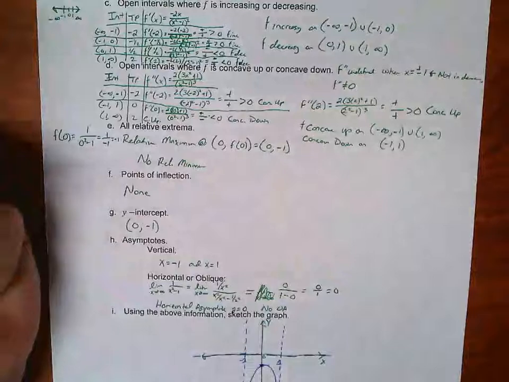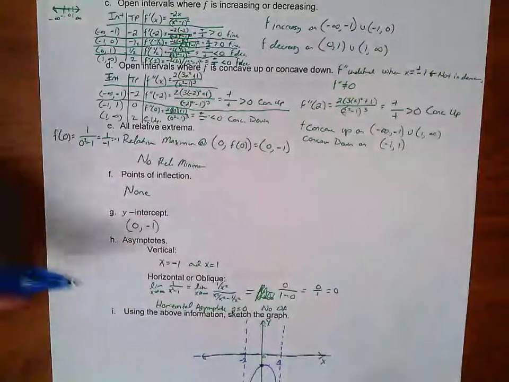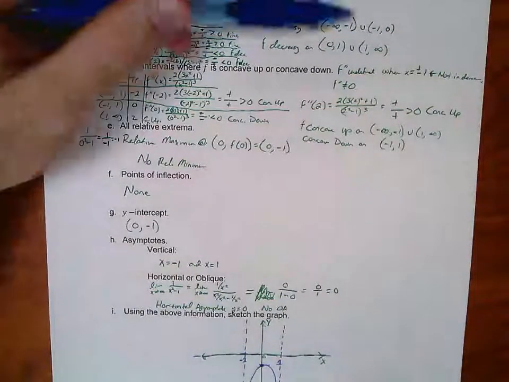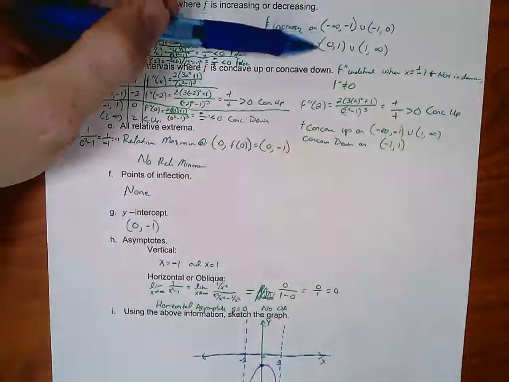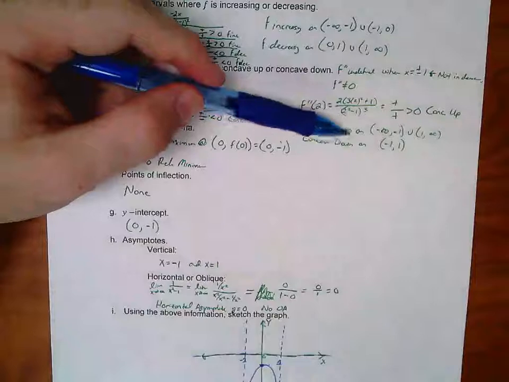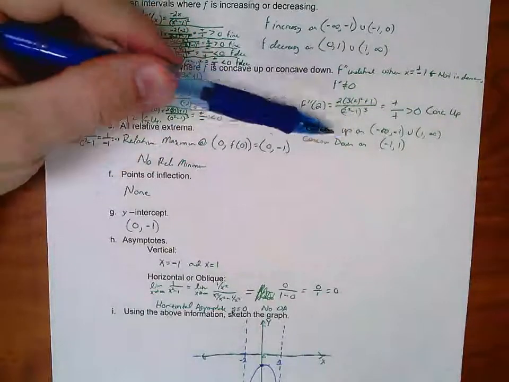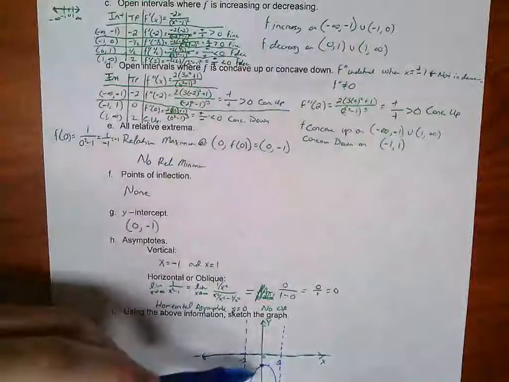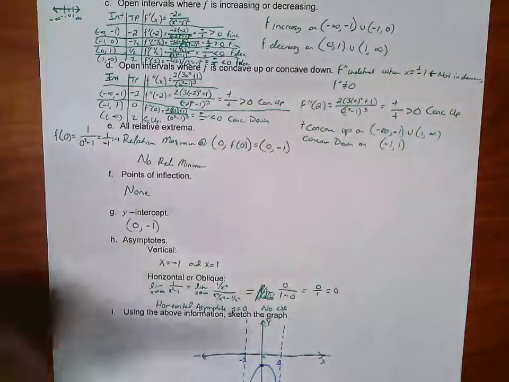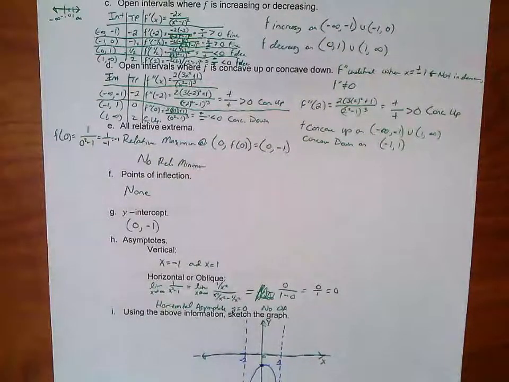So we know we have that. So that's what our graph's going to look like there. And if we look, that matches increasing negative 1 to 0 and then decreasing 0 to 1. And then also combining that with the fact that it's concave down on negative 1 to 1, so that all matches.